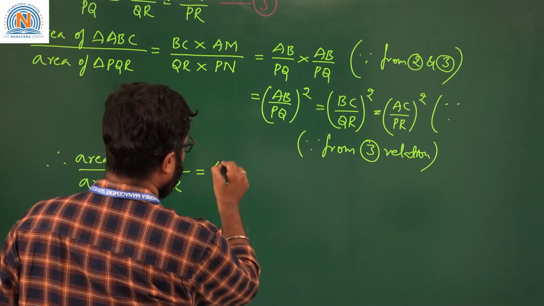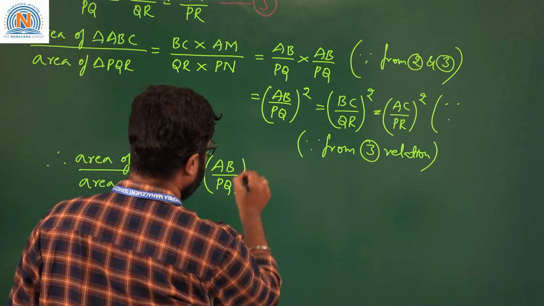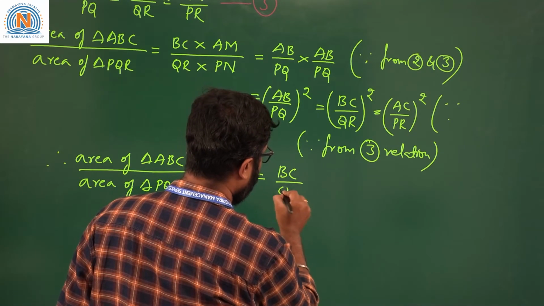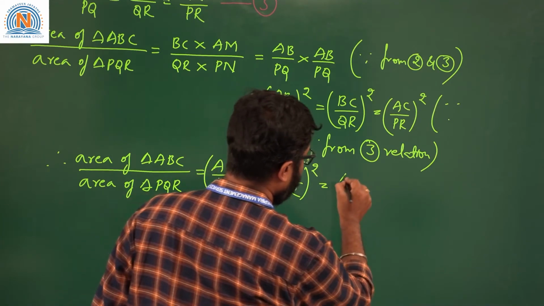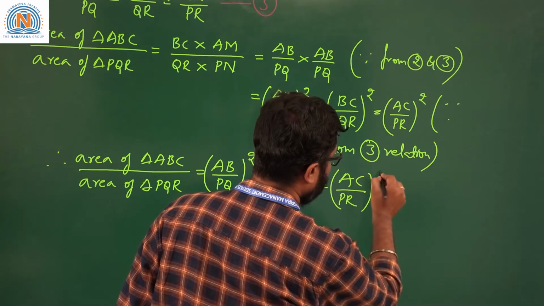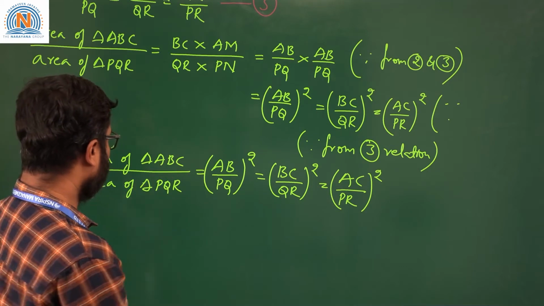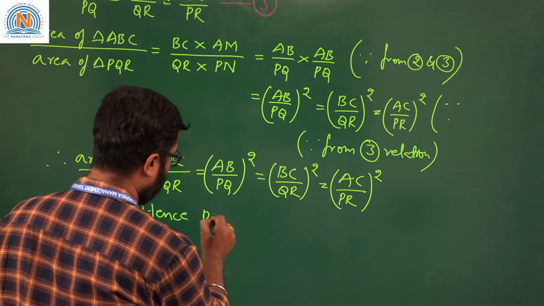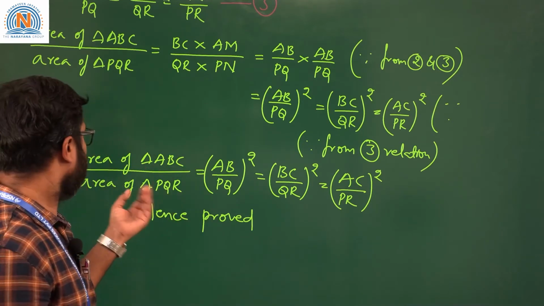This one, AB by PQ whole square is equal to BC by QR whole square is equal to AC by PR whole square, isn't it? So we proved, hence proved, isn't it? That means what we proved, children, here?